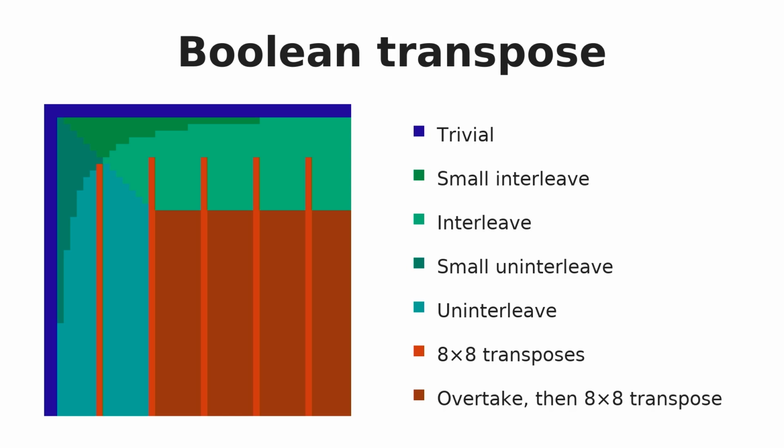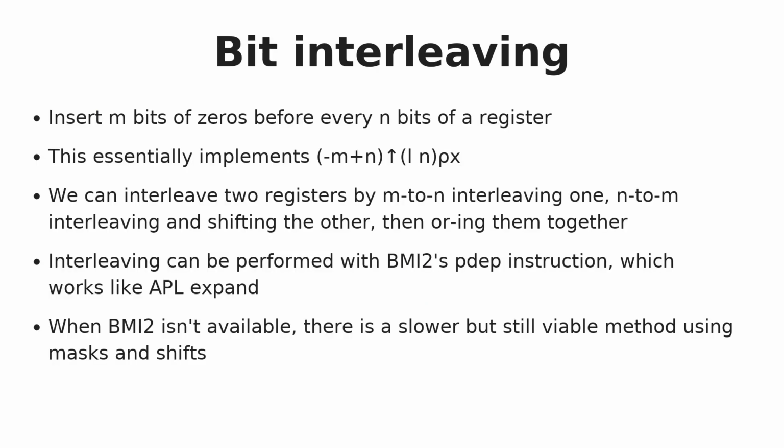I was able to extend it to work when just the row length, the number of columns, is a multiple of 8. And then when we have a large matrix that doesn't have that, we actually do an overtake on the last axis before transposing. So yeah, that's all our cases.